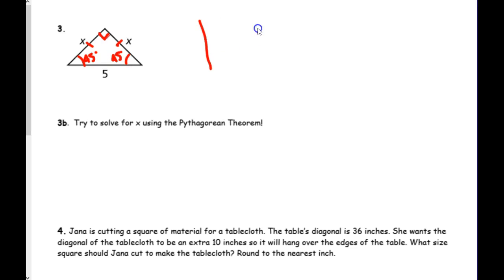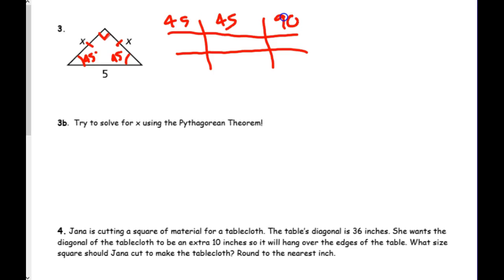Let's make a table. 45, 45, 90. What do I always put here? A. A square root of 2.